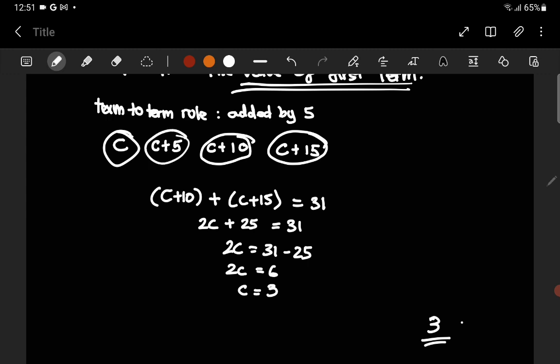So 3 plus 5, the second term is 8, right? For the value. And then for the third term, you will see the number 13. And then the fourth term, you will see the number 18. Okay? I hope that you do get it. And then after that, I will check the time first. Okay, one more.